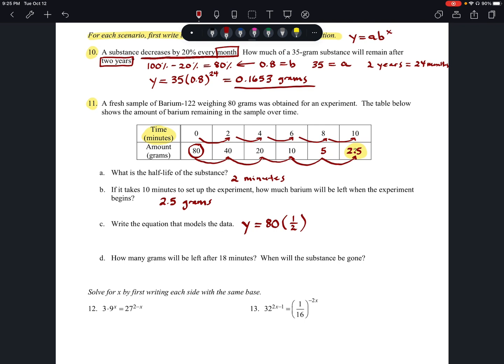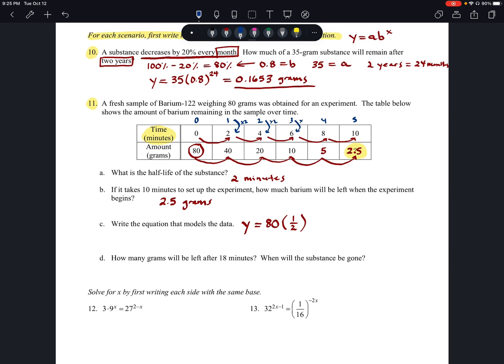Now we have to make sure we're paying attention to this. This is like our 0th term, our 1st term, our 2nd term, 3rd term, 4th, 5th, and so on. So what are we doing to get from here to here? We're multiplying by 2 each time.